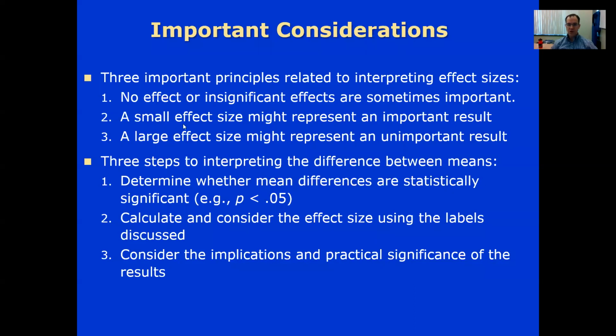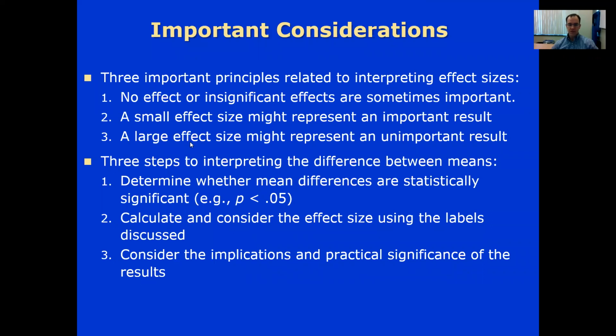Now, the second is a small effect size might represent an important result. Say, for example, normal effect sizes in a particular area of research is 0.1. You might do a study where the effect size is 0.2. Well, this might have strong implications in terms of outcomes or for health outcomes. So again, small effect sizes need to be in reference to what has already been previously reported.